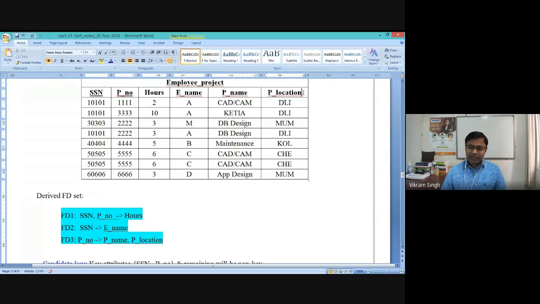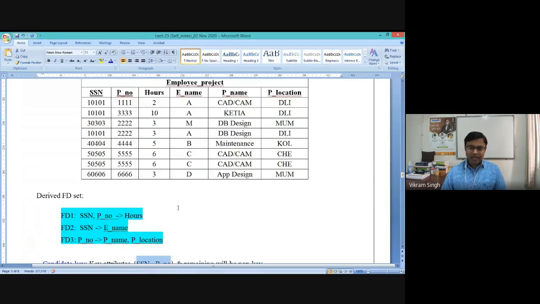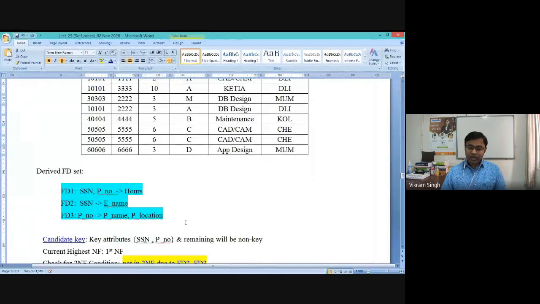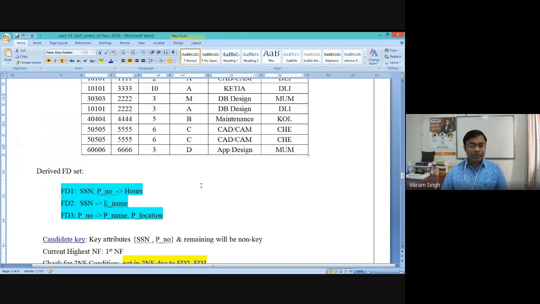Out of these 6 attributes, SSN and P number are the key attributes. All the remaining attributes like hours, E name, P name, and P location are non-key. They are not part of the candidate key.